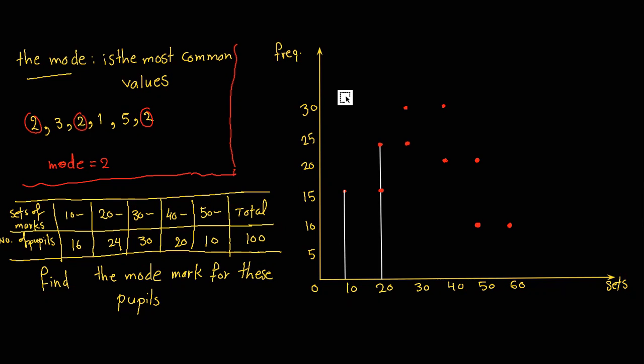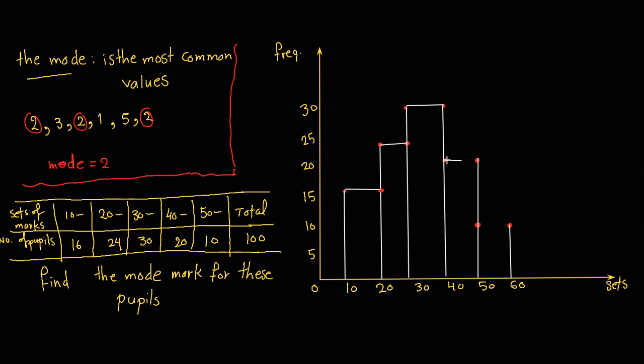Also make the line, another line, another line, another line. Then connect this value with this.